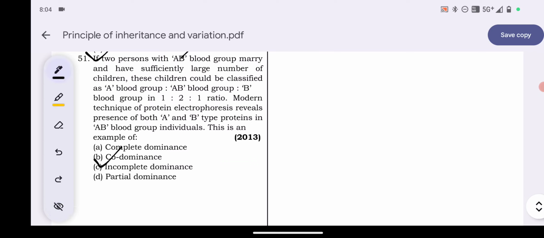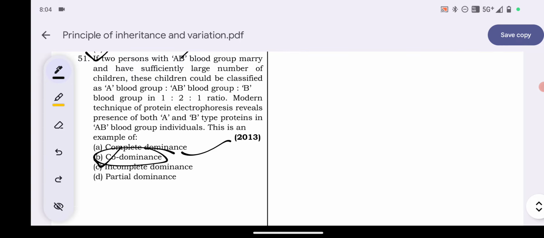B is the correct one, codominance. Explanation: neither phenotype is totally dominant in codominance. The heterozygous individual, on the other hand, manifests both characteristics. The ABO blood group system is a good example. So here it will be codominance.